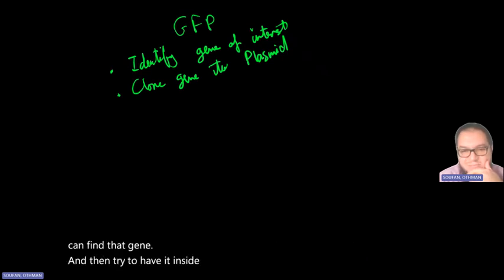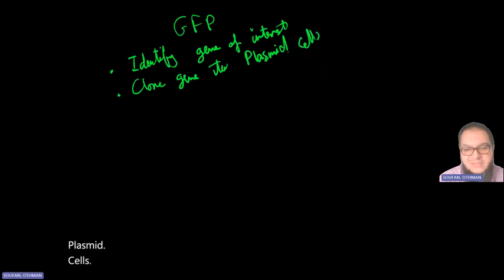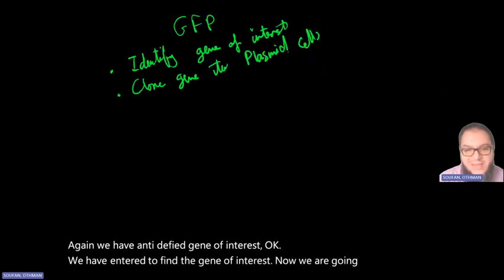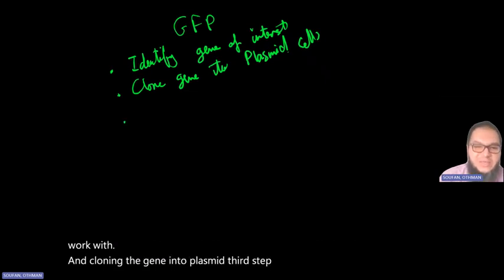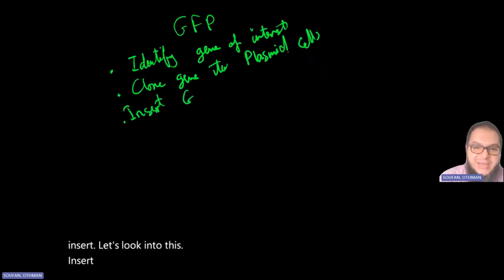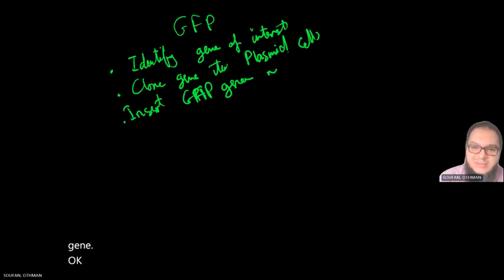So we can insert or find that gene and then try to have it inside a cell. Again, we have identified the gene of interest, and now we are working on cloning the gene into the plasmid. The third step is to insert the GFP gene next to the gene of interest.